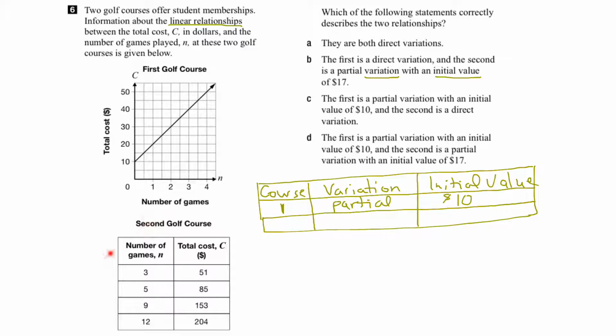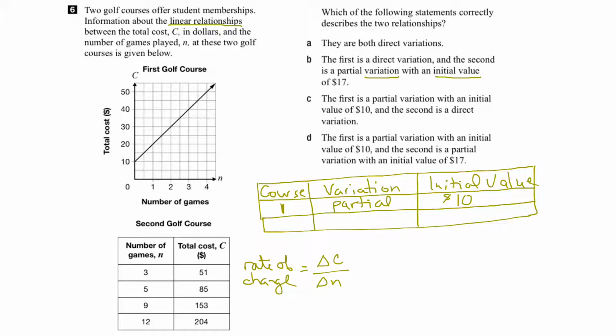Now let's look at the second golf course. Well, we know that it's a linear relationship. So we can say that the rate of change would equal the change in C divided by the change in N. In other words, the change in the vertical axis divided by the change in the horizontal axis, the rise over the run.